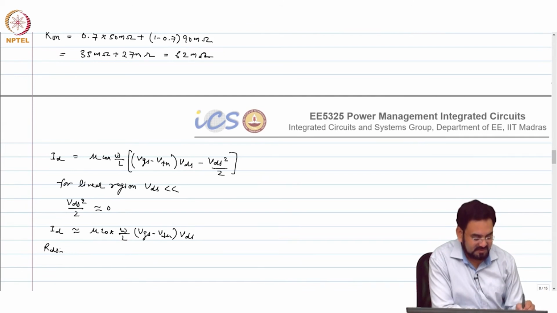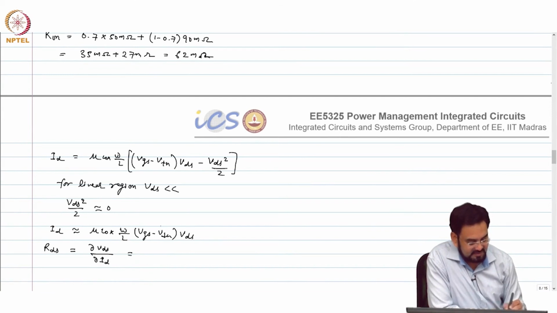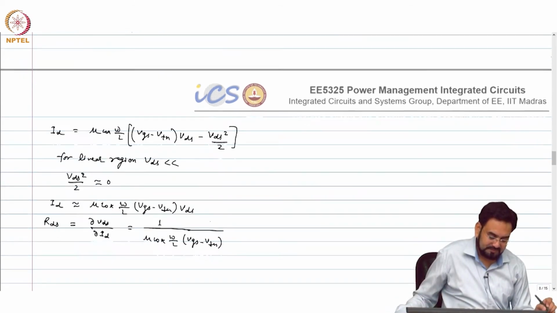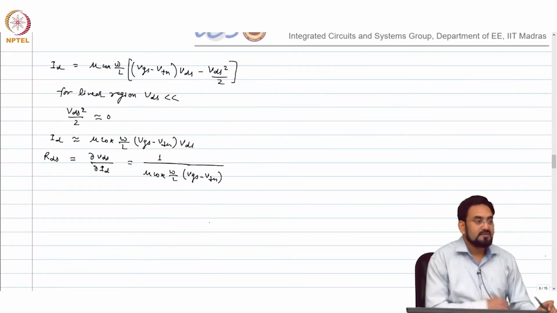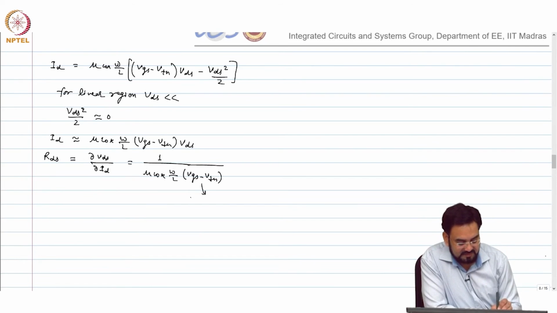So your RDS is, or let me just write RDS, RDS is delta VDS over delta ID. So differentiate it and what you get is 1 over mu C ox W by L VGS minus VTH. Okay. And this is nothing but your overdrive.